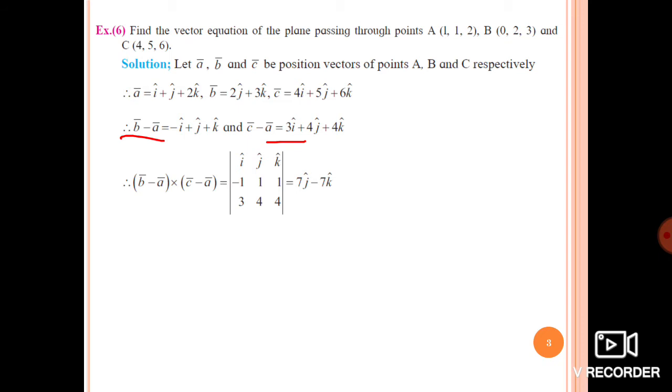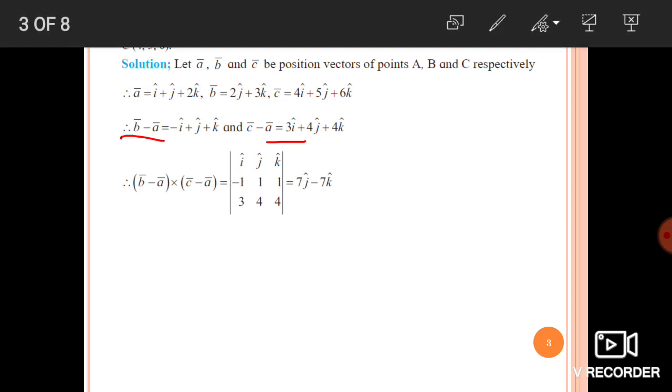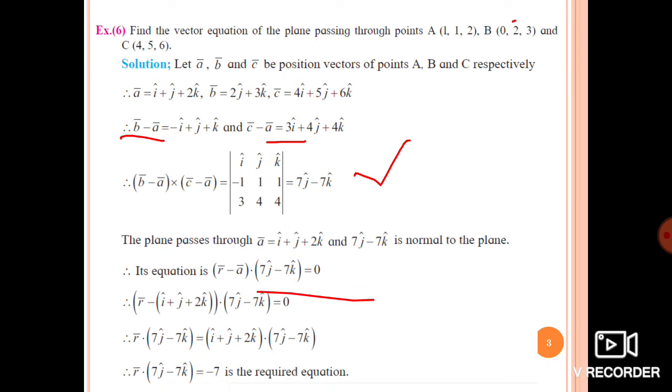Therefore (b bar - a bar) cross (c bar - a bar) equal to 7j - 7k. The plane passes through A equal to i + j + 2k and 7j - 7k is normal to the plane.